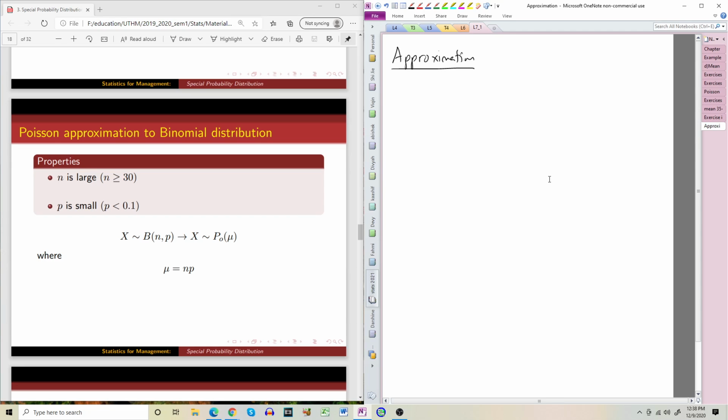What we're going to learn in this section is we can use the Poisson formula or Poisson distribution to solve binomial distribution. That's what we're going to see.